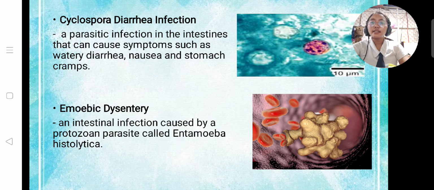Next is amoebic dysentery, an intestinal infection caused by the protozoan parasite called Entamoeba histolytica. A person gets it by putting anything in their mouth that has touched infected feces, or by eating and drinking food or water contaminated with the parasite.